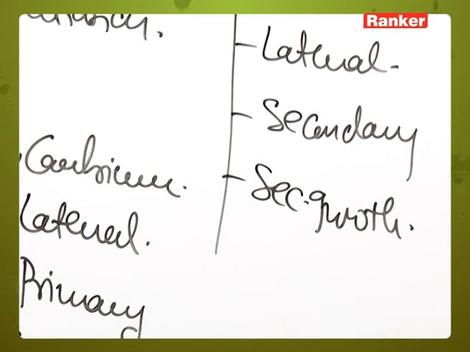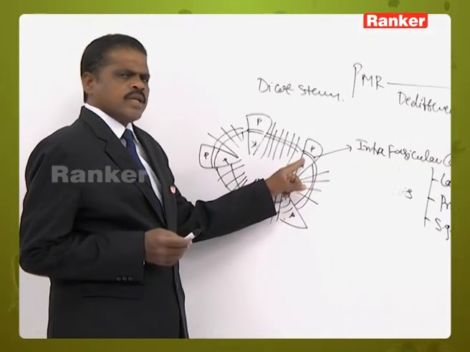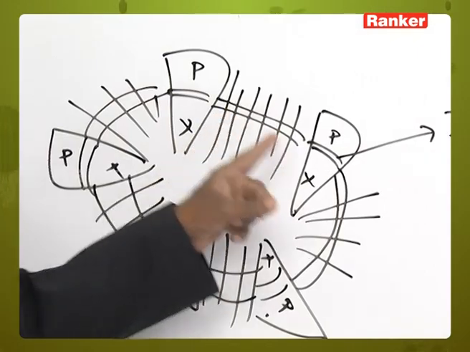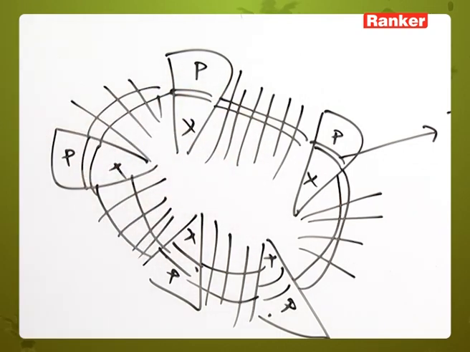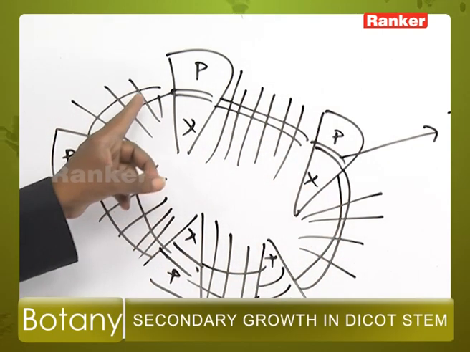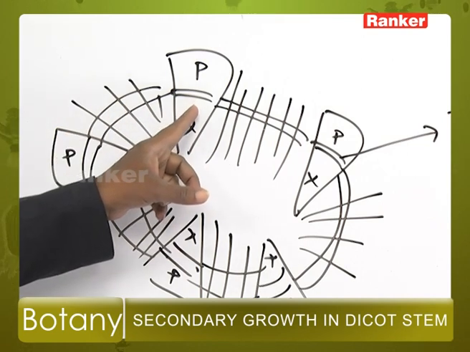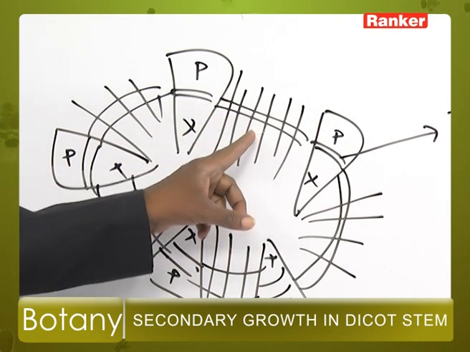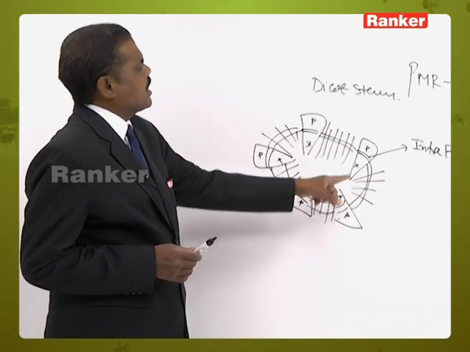Altogether, now we have two cambiums: intrafascicular cambium, which is already present inside the vascular bundle, and interfascicular cambium, present in between vascular bundles. These two cambiums combined and formed a ring.